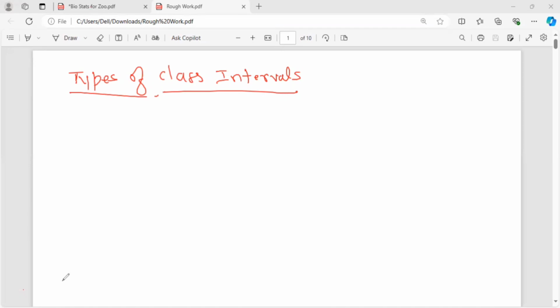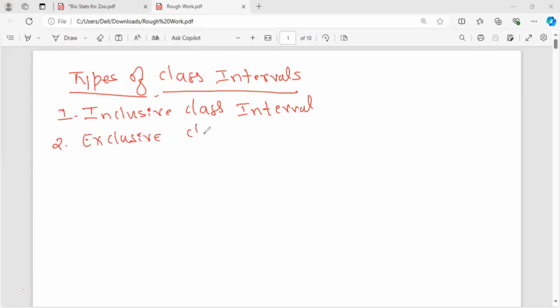So here we have four types of class interval in total, right? While preparing class intervals, we need to take care of these kinds of class intervals. The first type is inclusive class interval. Second type, exclusive class interval.